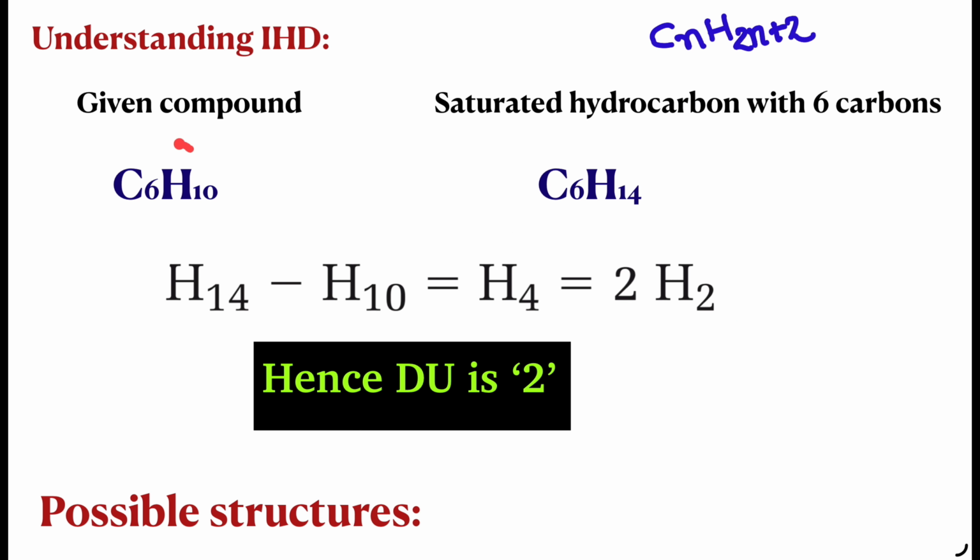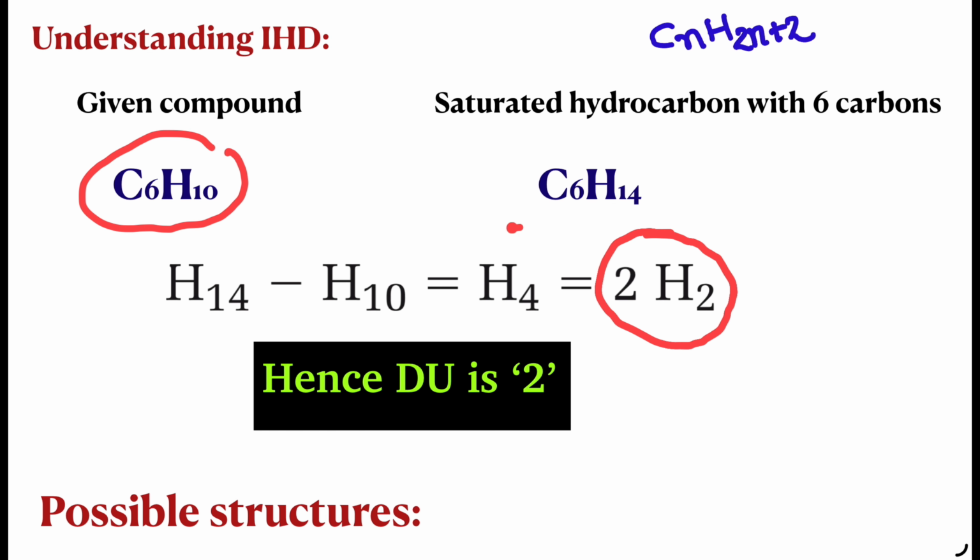That means the given compound has a deficiency of 2 pairs of hydrogens when compared to a saturated hydrocarbon with the same number of carbons.